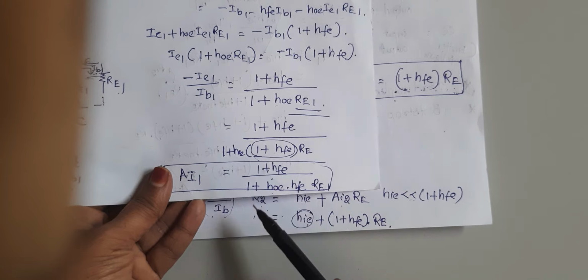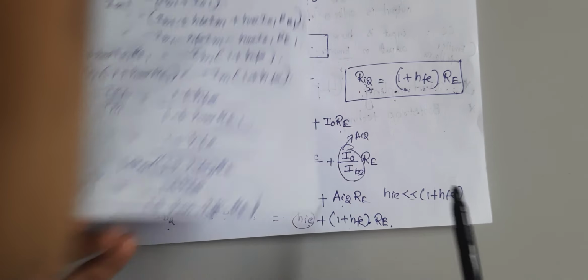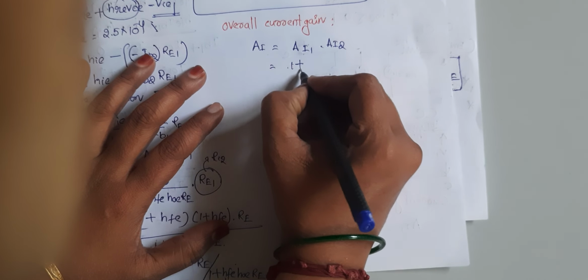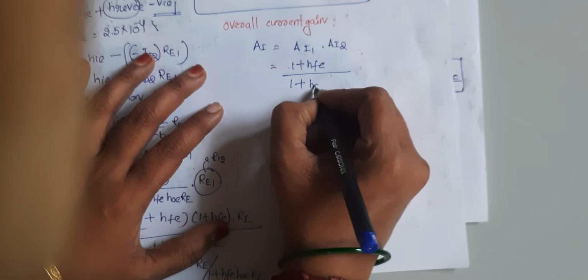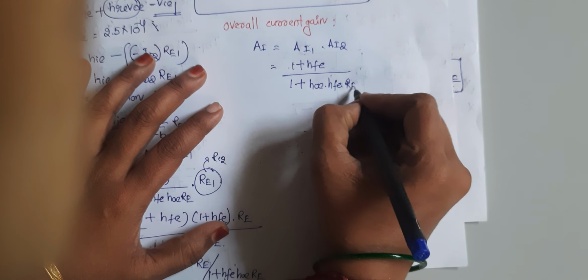AI1 is 1 plus HFE by 1 plus HOE into HFE into RE.